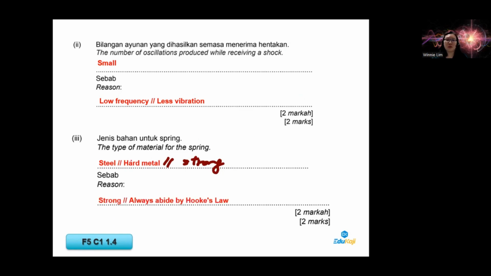Because if you use steel, then you can say strong. I think the more suitable answer is will not break easily, the common answer. If you just say strong and strong, then you only get 1 mark, basically.